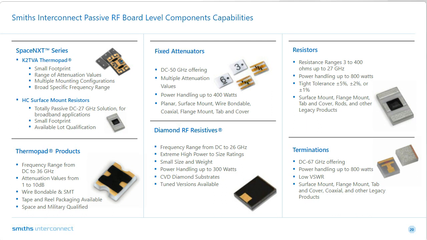And as we talked about in the launch costs and the weights of these satellites, weight makes a difference when you're launching a satellite. So where you can reduce weight and footprint space, we see a lot of products in the diamond category in resistors, terminations, and attenuators flying in space.